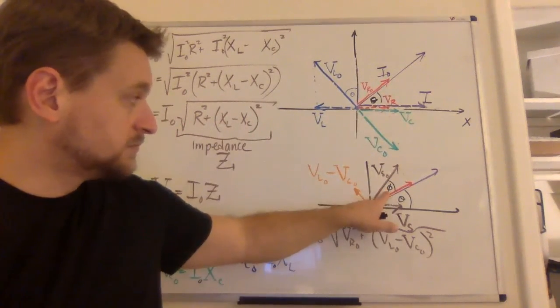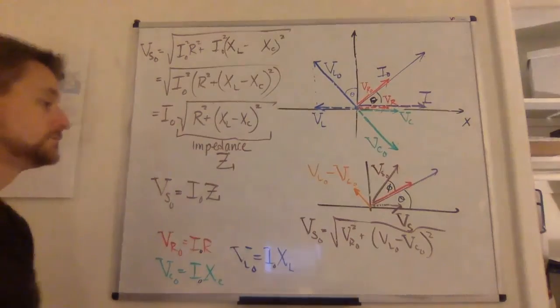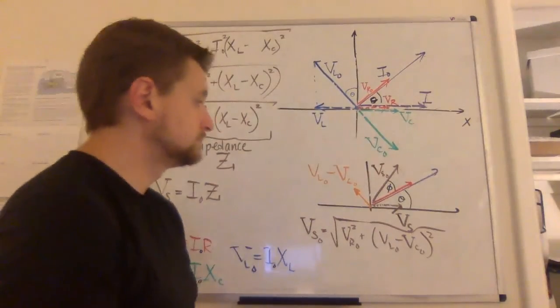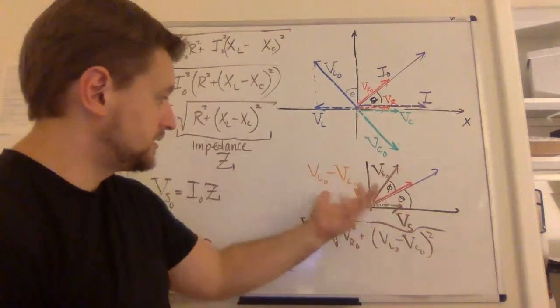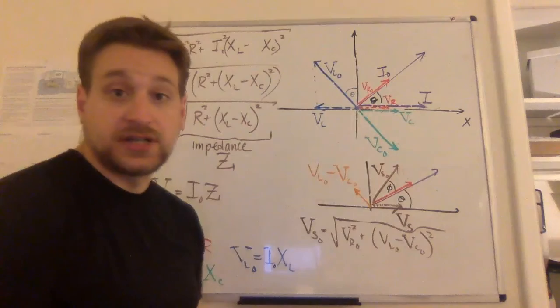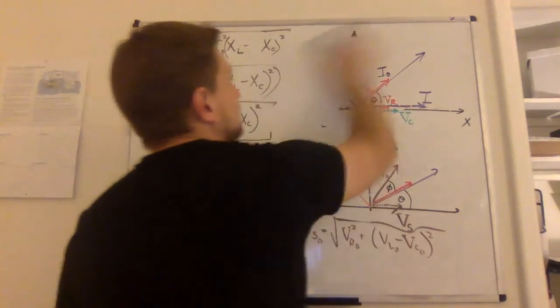What is that angle? Well, we could do some inverse trig, right? I'm going to erase this diagram for now.